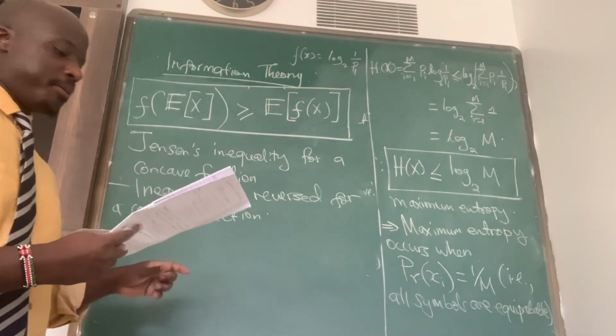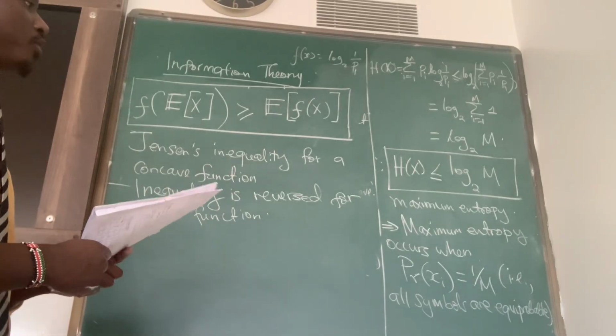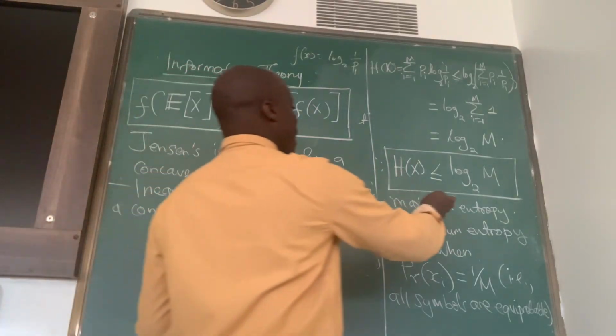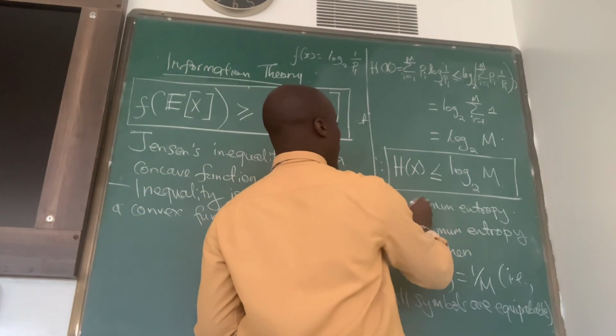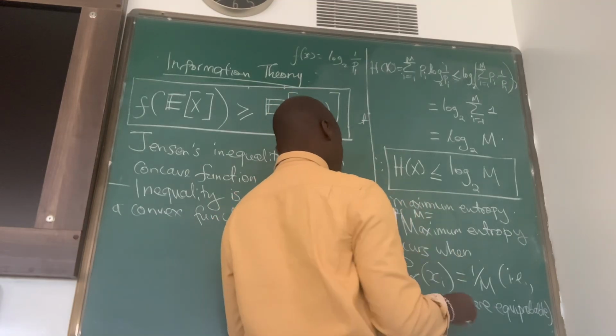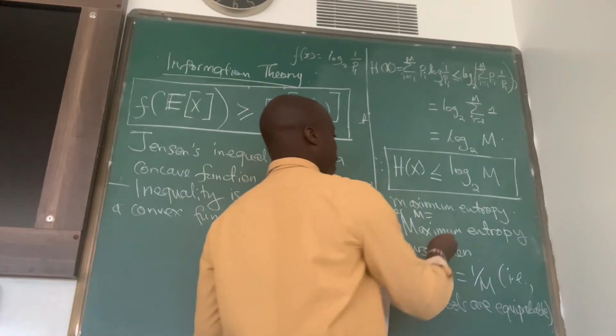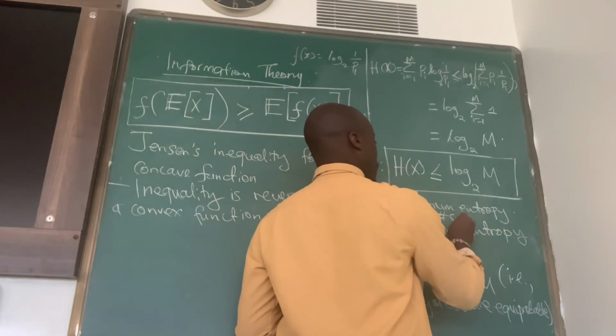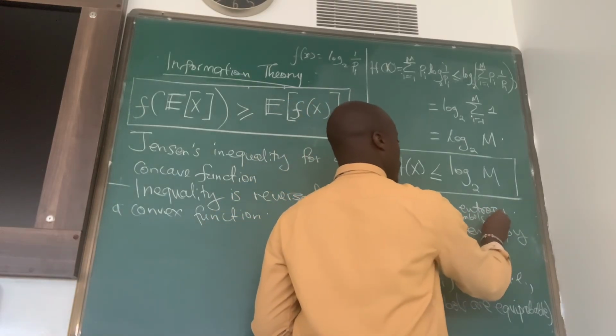Okay? So the maximum entropy occurs when all symbols are equiprobable. Now don't forget, your m is just the number of symbols in the alphabet.